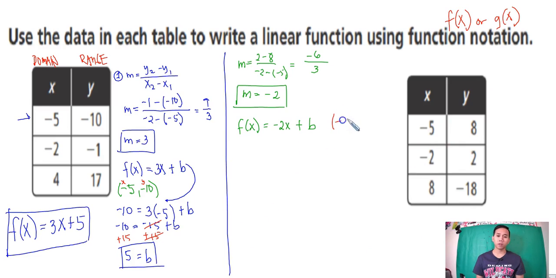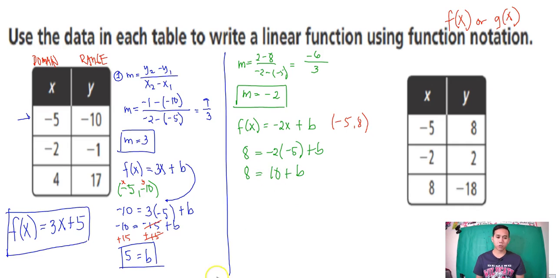I'll be using the first point, -5, 8. So if x is -5, the whole function is 8. That's what it says there. So 8 is equal to -2 times -5 plus b. So we have 8 is equal to +10 plus b.